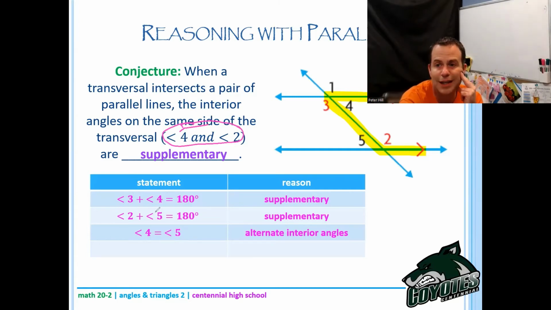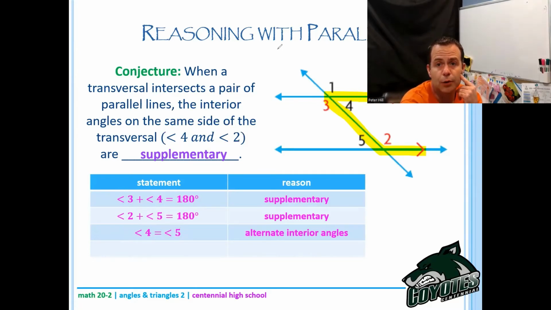Angle 2 and angle 5 add up to 180. These are all things we know. But then we know that angle 4 equals angle 5. Well, if angle 4 equals angle 5, I can take this angle 5 and call it angle 4. Well, then don't I have a statement that reads angle 2 plus angle 4 equals 180? And that's exactly what we're trying to prove.